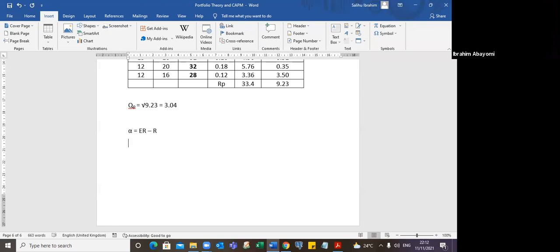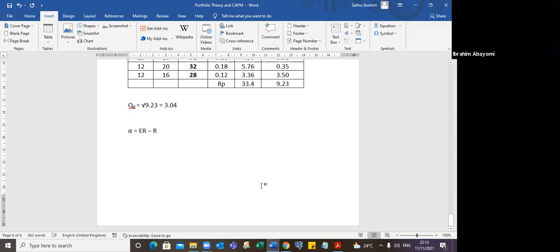Before a broker advises a client to sell a particular share or any security for that matter, the broker will have computed the alpha value of that security. So based on the value, you will be able to advise that client appropriately, whether to sell, to hold, or to buy.